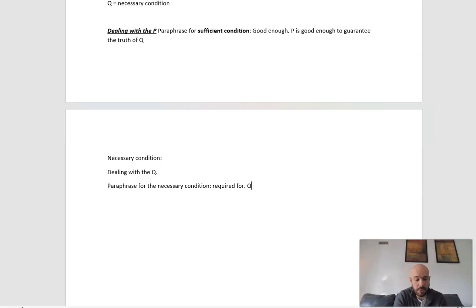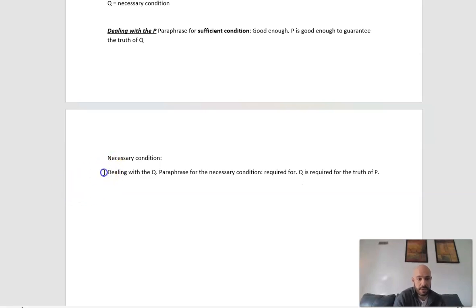So for example, Q is required for P. So now we have two paraphrases, and here, dealing with the Q, we have the necessary condition.